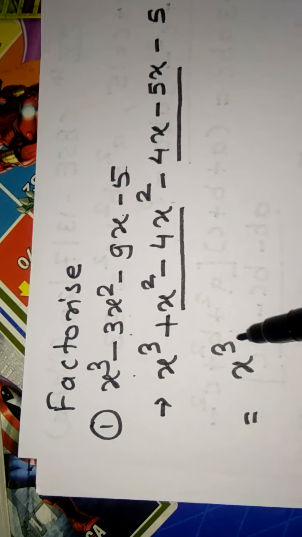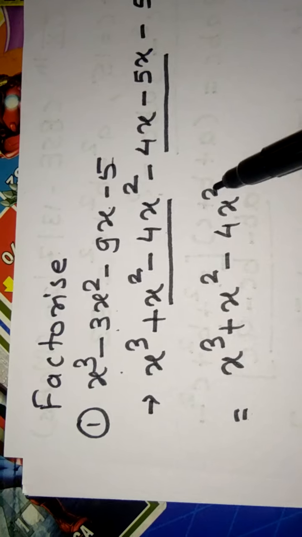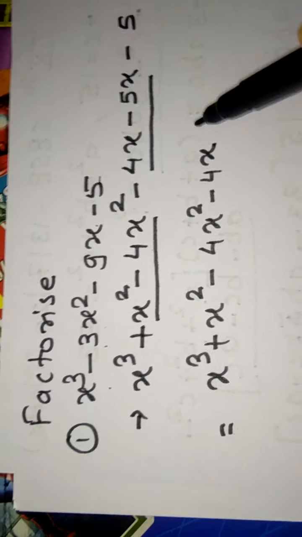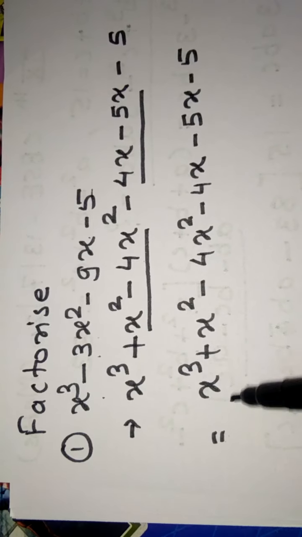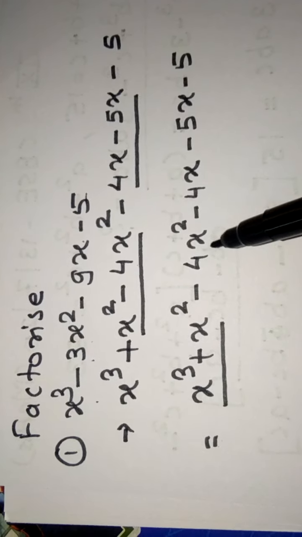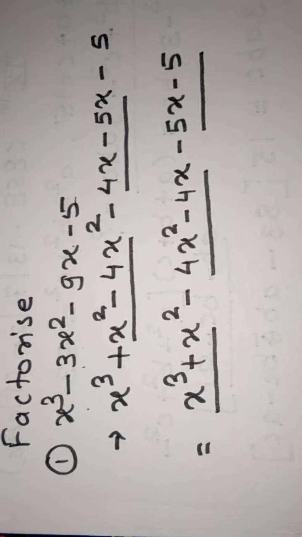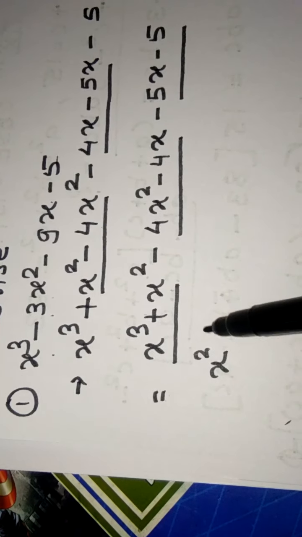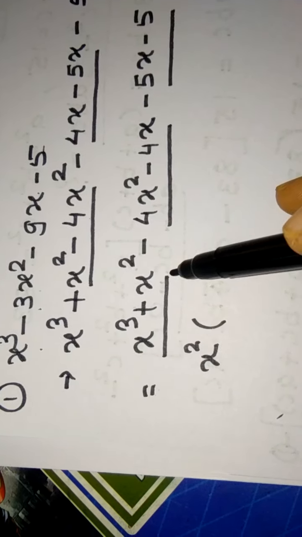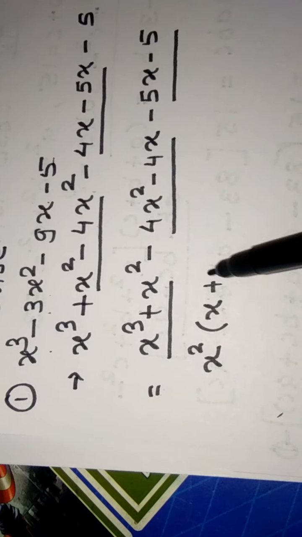It is equal to x cube plus x square minus 4x square minus 4x minus 5x minus 5. Now take common from the first two terms, from the next two and from the last two. From the first two terms we can take x square as a common factor, and the remaining term is x plus 1.